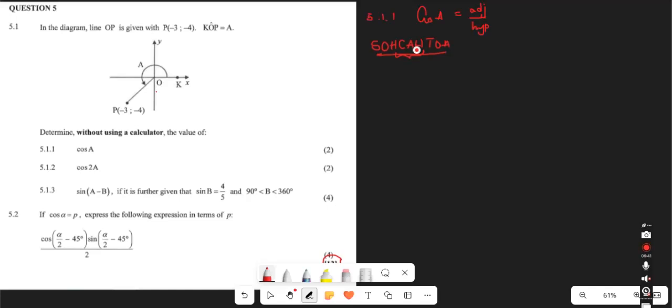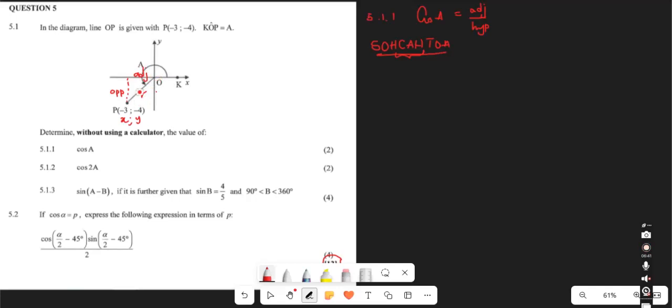When we look at the point P, we are only given X and Y. This is our r, this is the opposite, and this is our adjacent. Hypotenuse, we are not given.